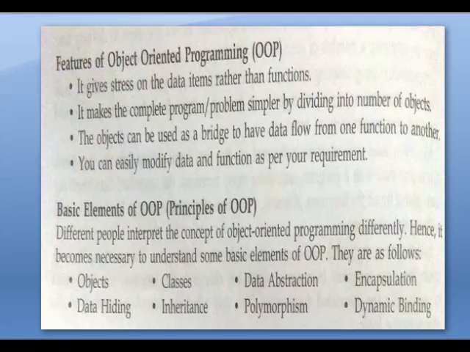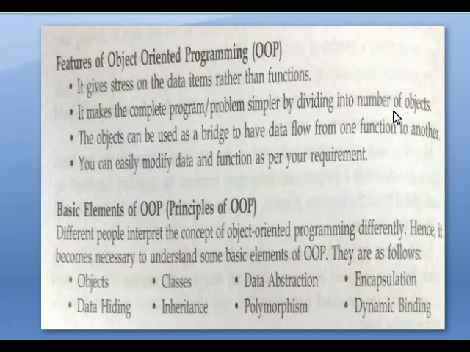Now we are going to see some features of object-oriented programming. First one is it gives stress on data items rather than functions. So it is giving more importance to the data items rather than functions. Second one, it makes the complete program or problem simpler by dividing it into a number of objects.